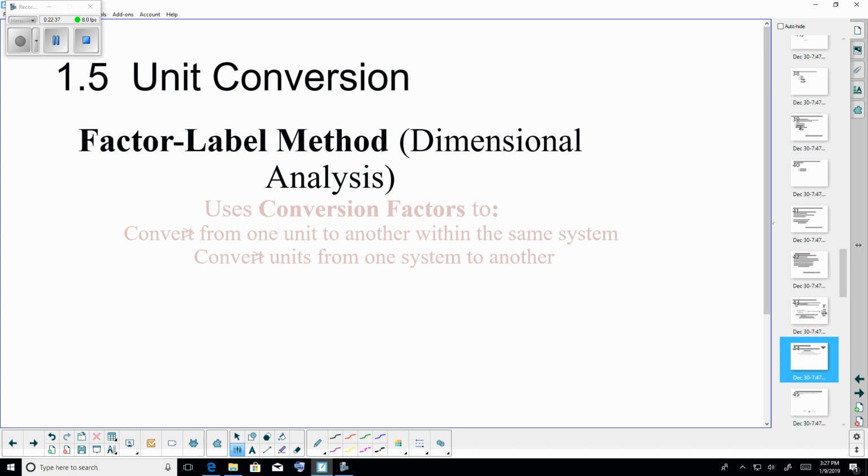So we use conversion factors to convert from one unit to another within the system, or from one system to another. And you do it all the time. You don't realize the process, but you've been doing it your whole life.